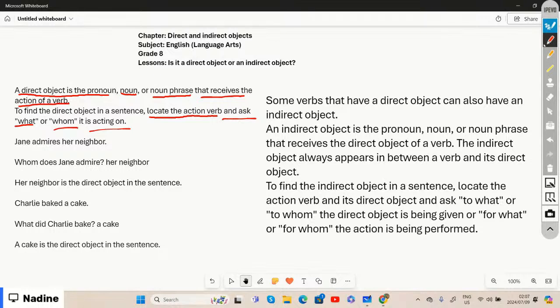To find it within that sentence, we need to identify the action verb, and ask ourselves what or whom it is acting on.